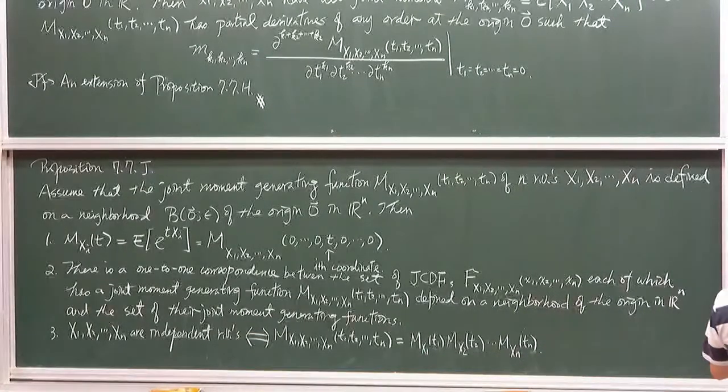And the fourth item here is that x1, x2 up to xm and x sub m plus 1, x sub m plus 2 up to xn.